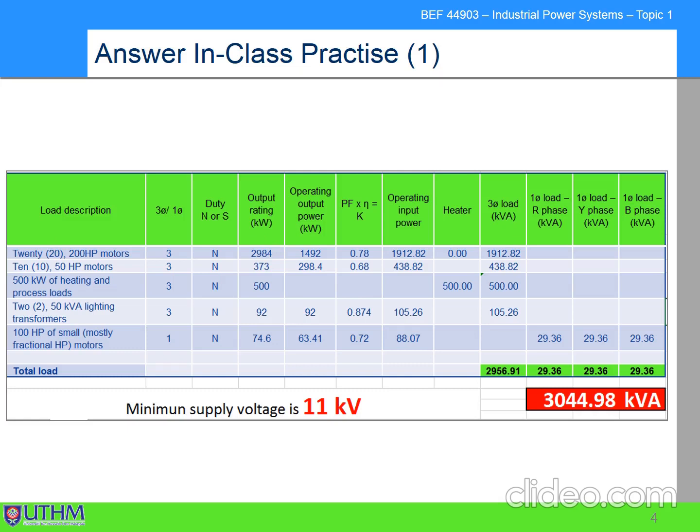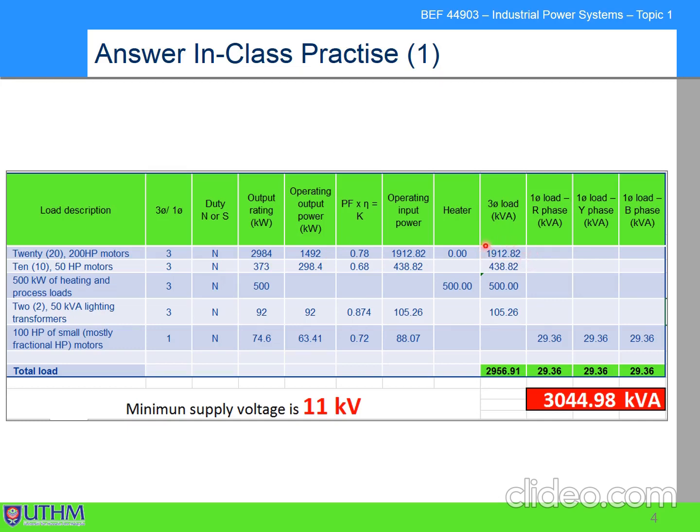But for this load, only 10 units operate, so the operating output is half of the total output rating. To get the operating input power, we have to divide the operating output power by the K value.